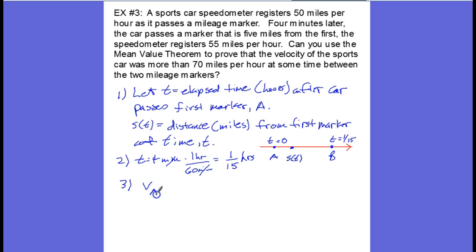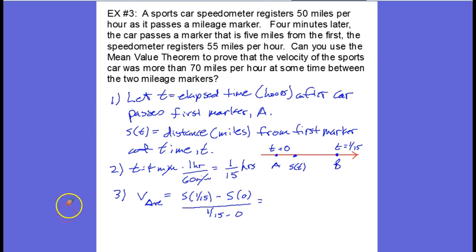So, let's find out what the average rate of change is. So V average is equal to S of 1/15 minus S of 0 over 1/15 minus 0. Okay, so now the question is, what is the distance traveled from S of 0 to S of 1/15?